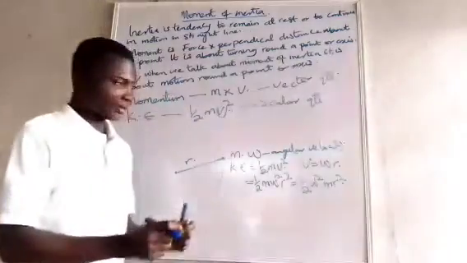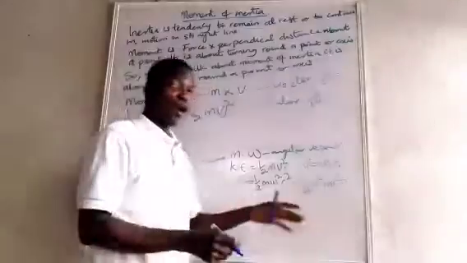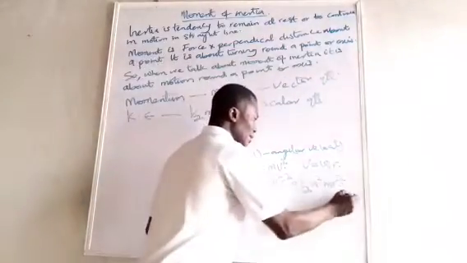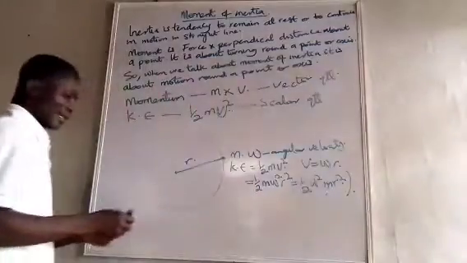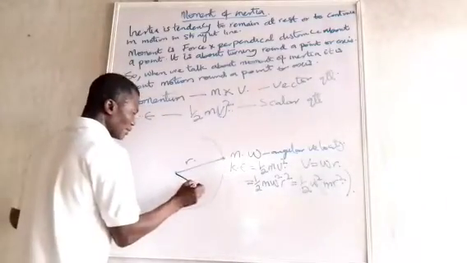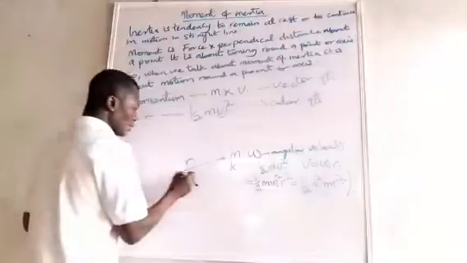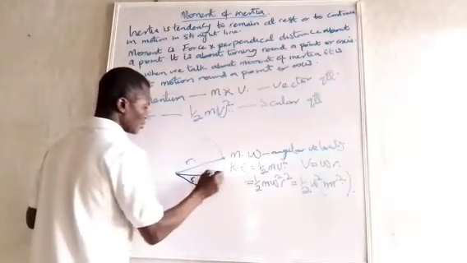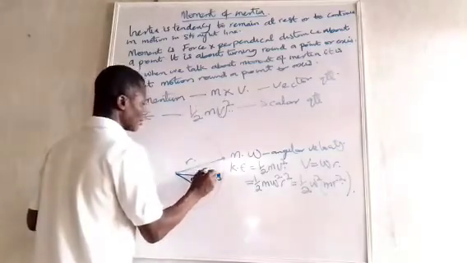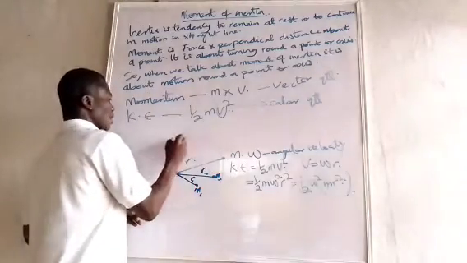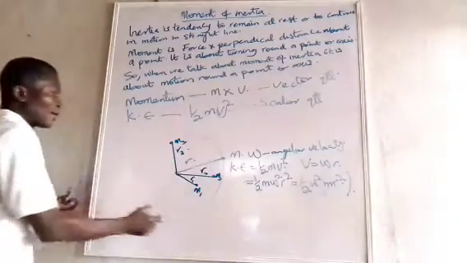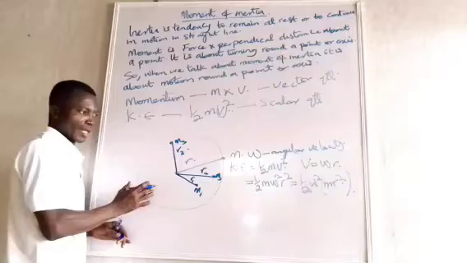Omega is constant for all the particles, because I still want to consider all the particles. So I deliberately separated it like this. Now let us consider another particle that is here. Let's say this is m1, r1, m2, r2, m3, r3. So if we now talk about all of them, do you understand?